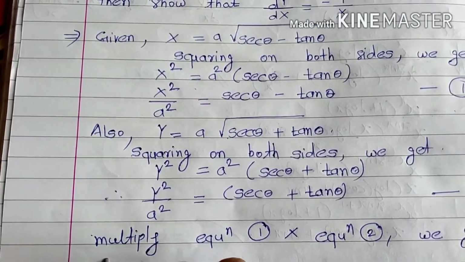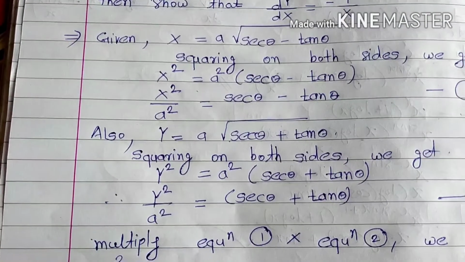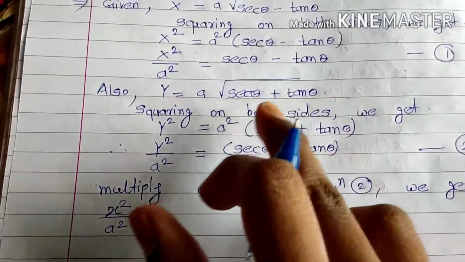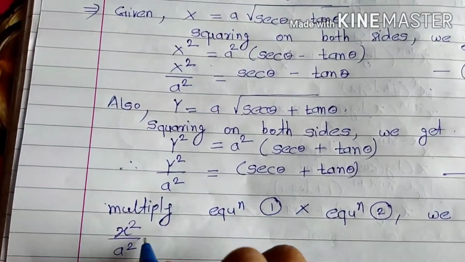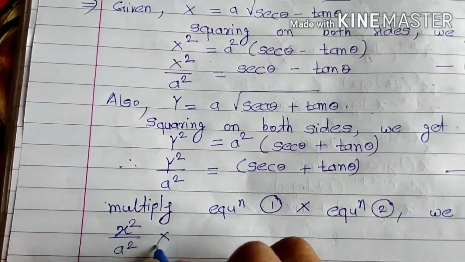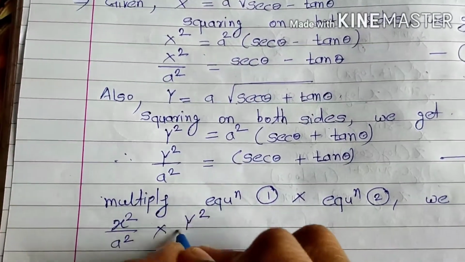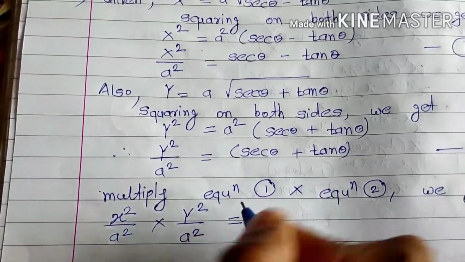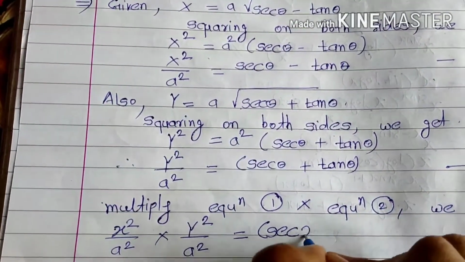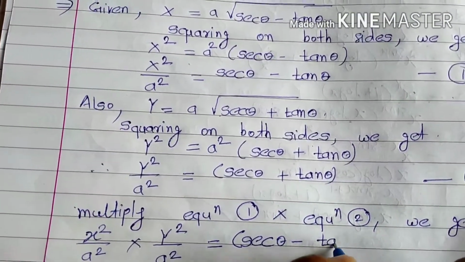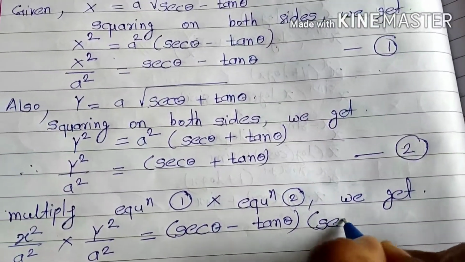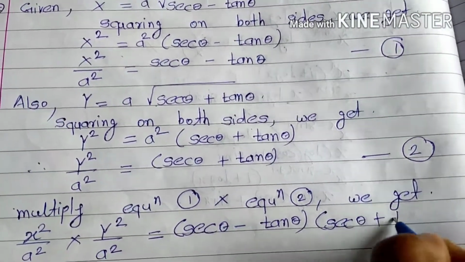So we get x square upon a square multiplied on the RHS side and then on the LHS side. First multiplying LHS, x square upon a square into y square upon a square. Now multiply the RHS side, so sec theta minus tan theta, and here is sec theta plus tan theta.